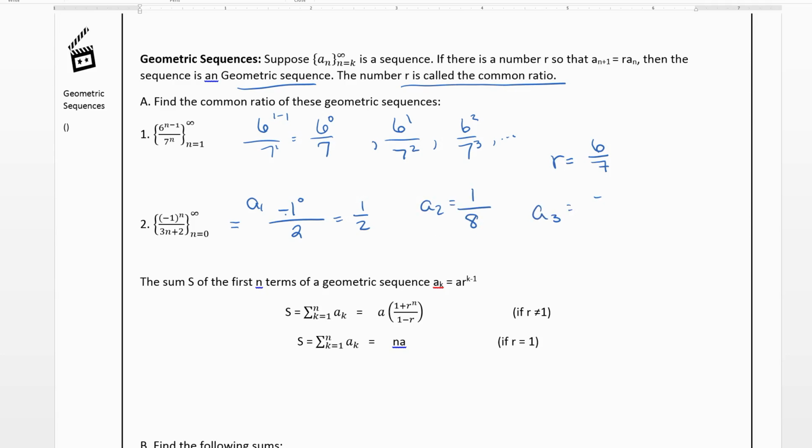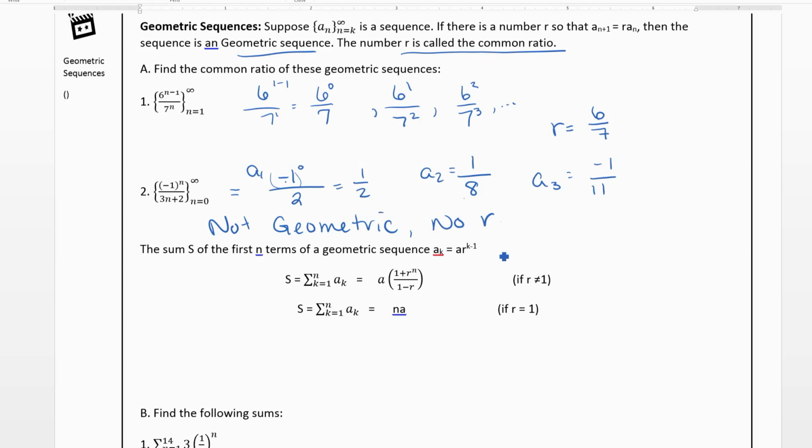A3 would be -1 over 11. Now, notice here that these values, you can't divide them and get the same thing. You can't multiply by a number and get this. So this is actually not a geometric sequence. So there's no r.